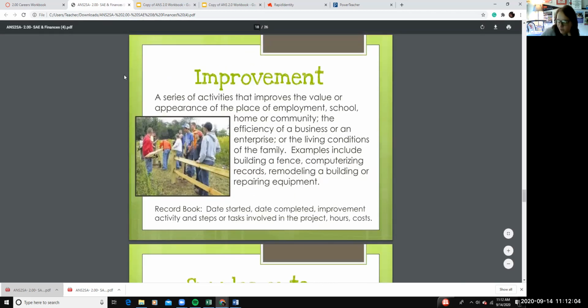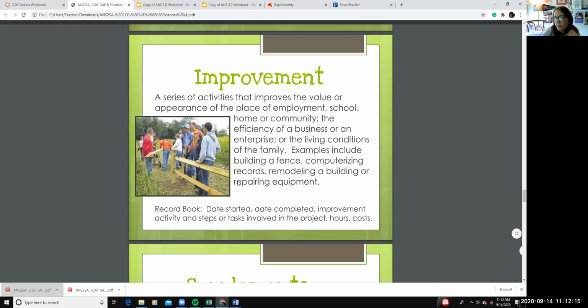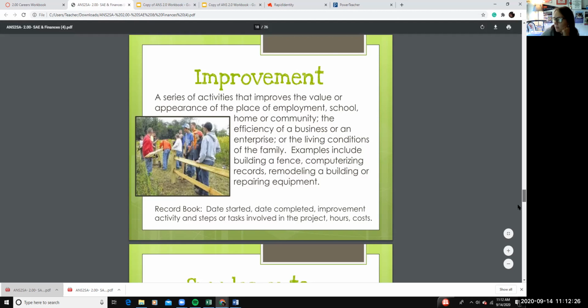Improvement, so you're improving the appearance of either your place of employment, school, home, community, a business, or the living conditions of a family. So examples would be building a fence, computerizing records, remodeling a building, or repairing equipment. So you're improving something.